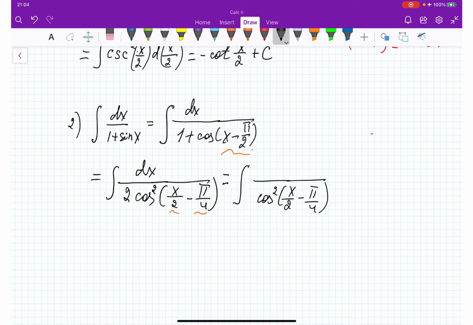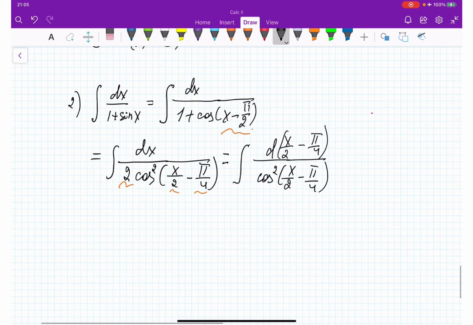Yes? So what's going to happen? Since this is 1/2, I can squeeze it under the differential: d of x over 2. And pi over 4 is a constant. If I take the derivative, it's going to be 0. It can be any constant here. Therefore, I put minus pi over 4.